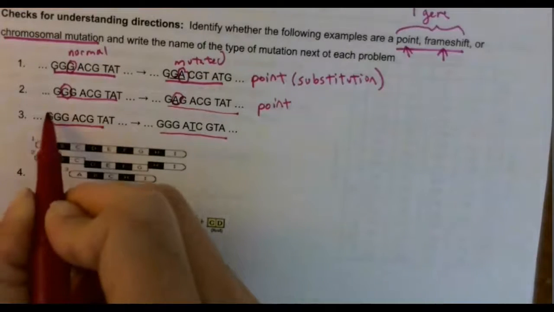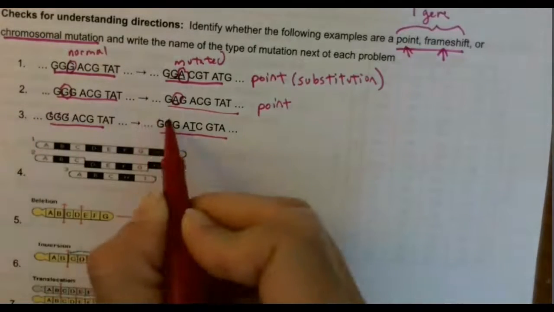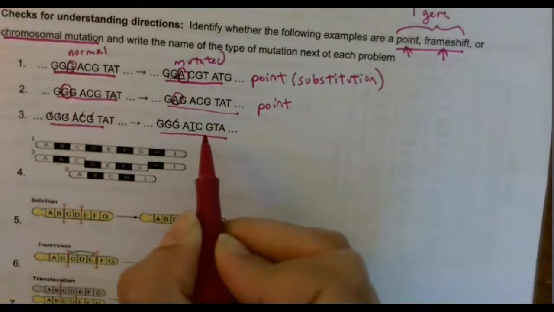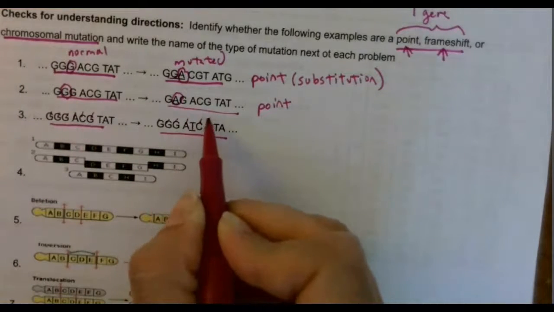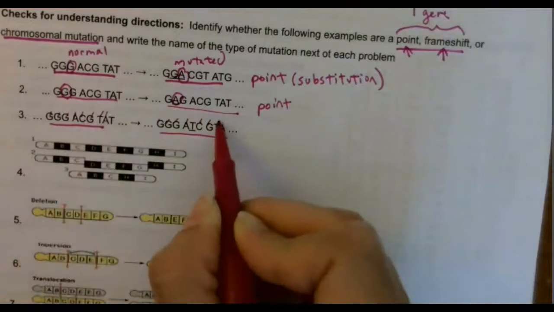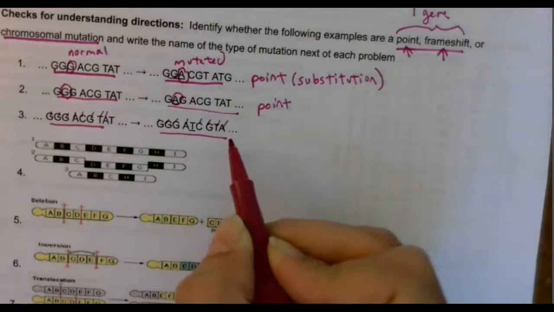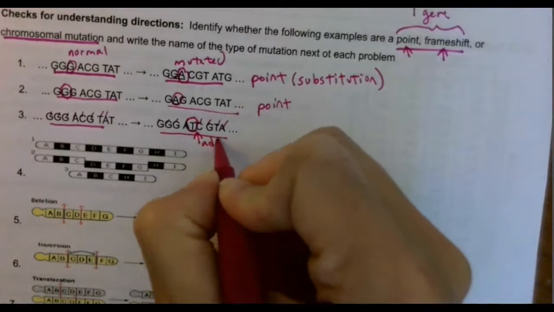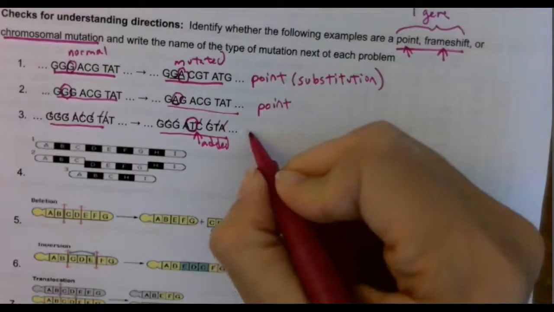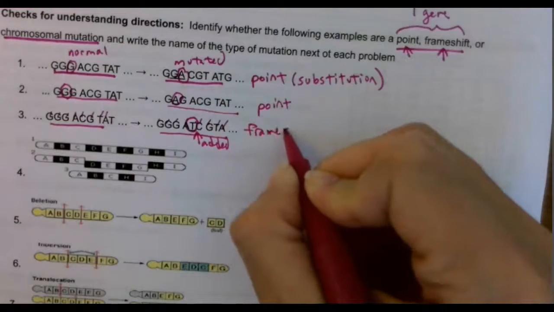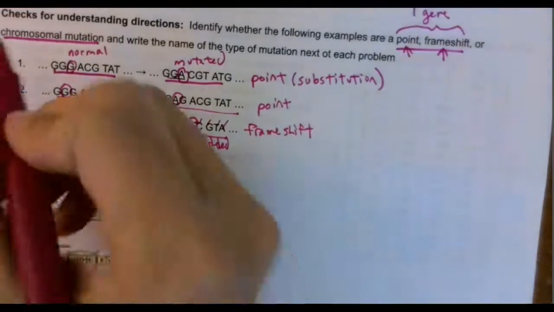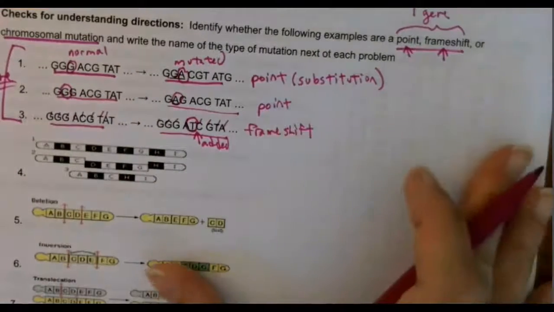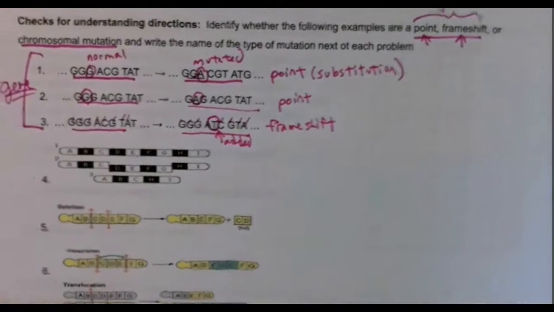Here's the mutated one. It looks like this letter was added. So if a letter is added or removed, that's called a frameshift mutation. So all three of these were gene mutations. You can see the nucleotide sequence and you have to figure out what is being changed.